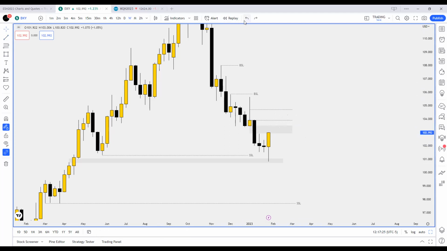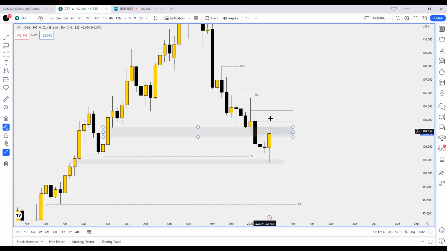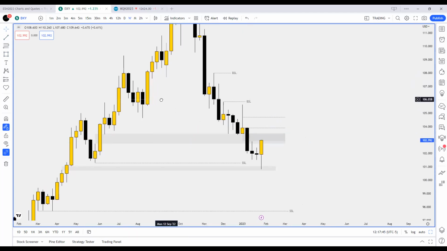That's just something to think about. So you've got this rejection block in here, you've got this free value gap in there. Also, if you want, utilize this to see how we possibly reclaim it. If we want to get it back above it, how do we use that as a reclaimed free value gap?